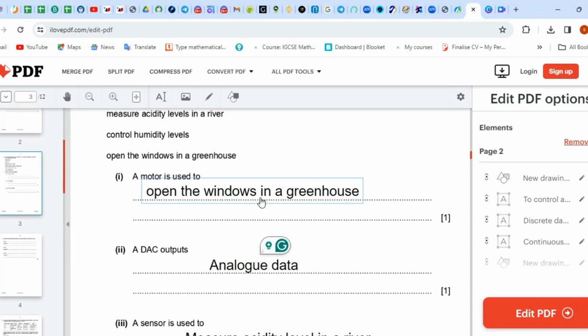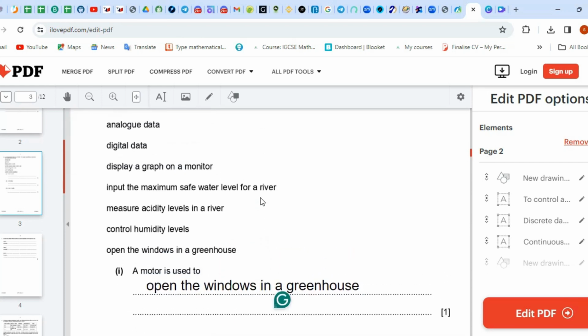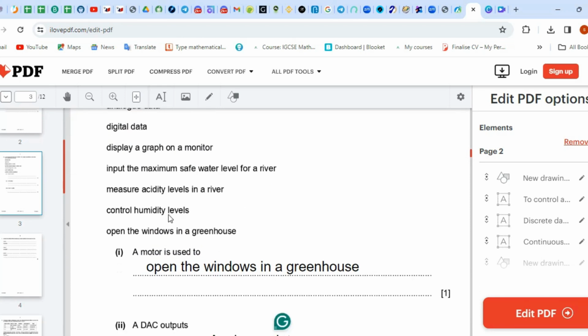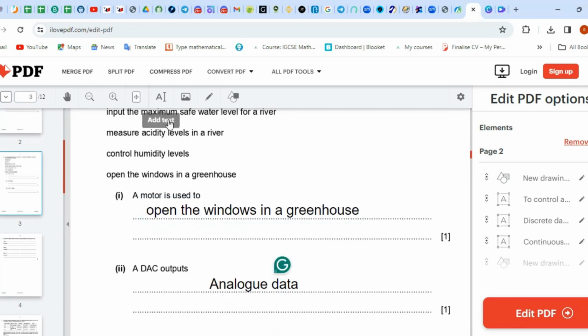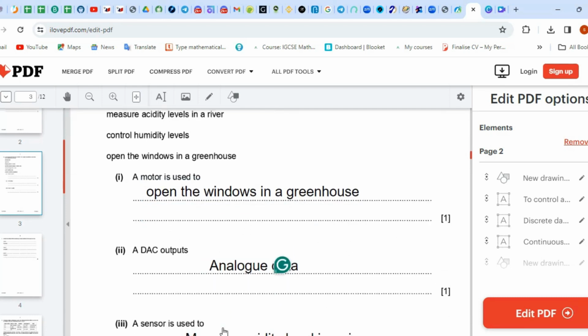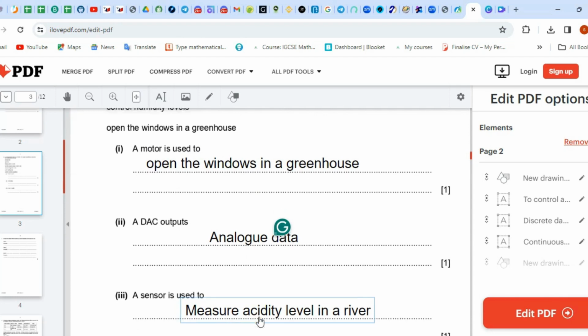Who can tell us out of these options that we have here? What do we use a sensor for? That's correct. To measure the acidity levels in a river. So we just type it and put it there.